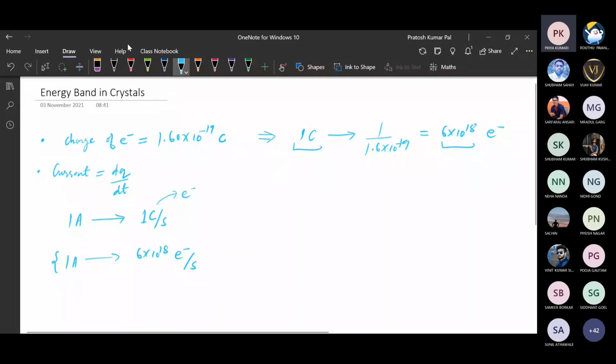So this is a very large value, and this is basically what represents the current. We need to understand how these electrons deal with the current flow, so we will see that concept.